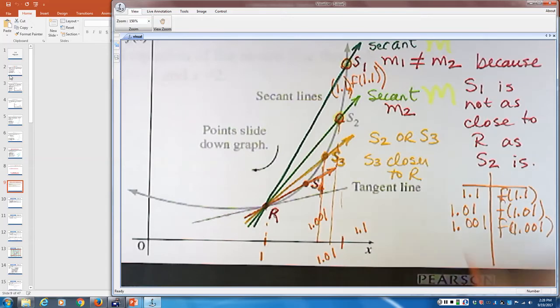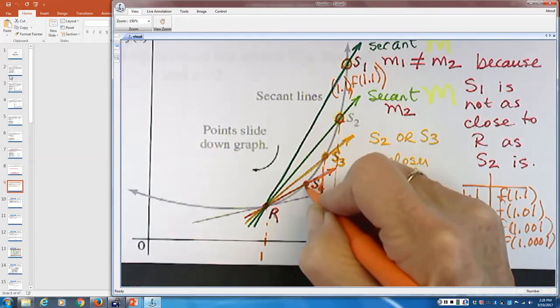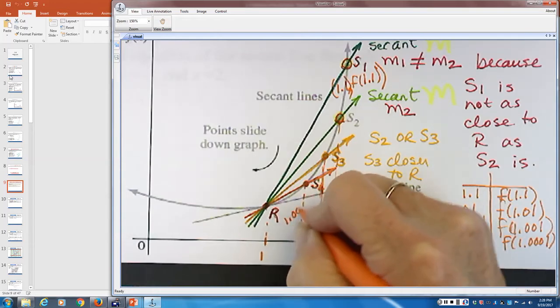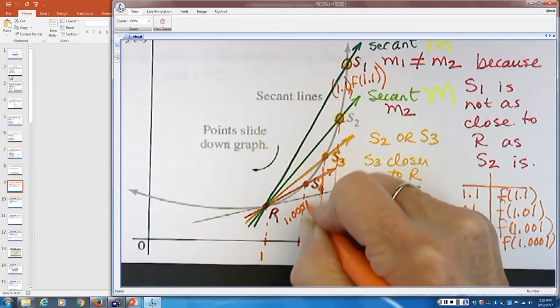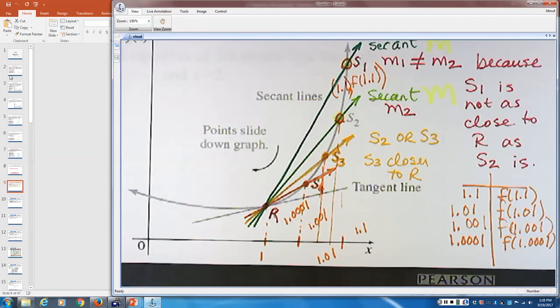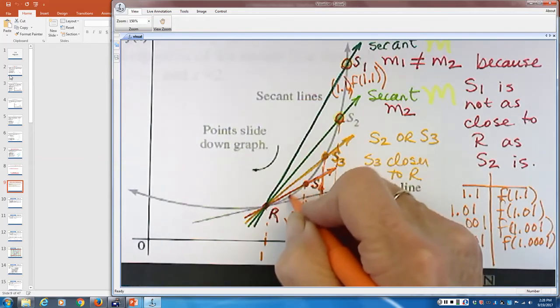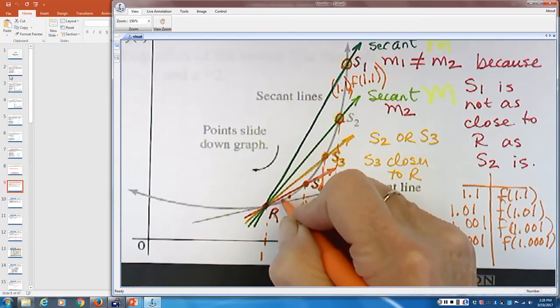And then your next step was to add another 0. And that gave you this point. Okay? And we said that you could move closer again and closer again.